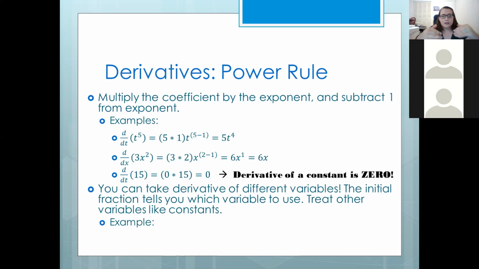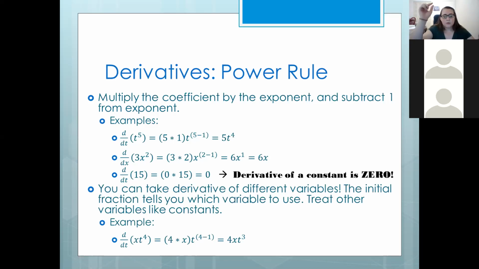So like I had already pointed out in the examples above, you can take the derivative of different variables, and that initial fraction tells you which variable you're interested in. Any other variables that you might see, you can just imagine are constants. So for example, if we have this function, x t to the fourth, and we want to take the derivative with respect to t, d over dt, then we're just going to imagine that that x out in front is a constant.